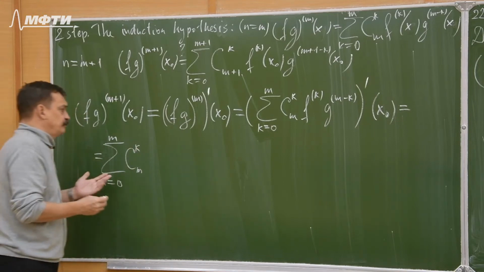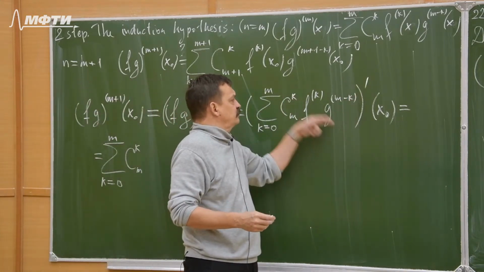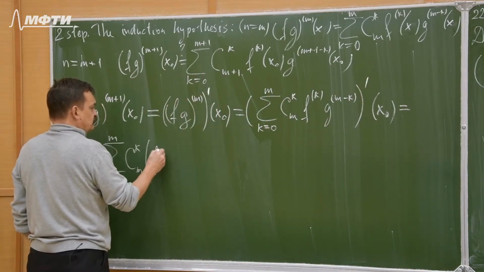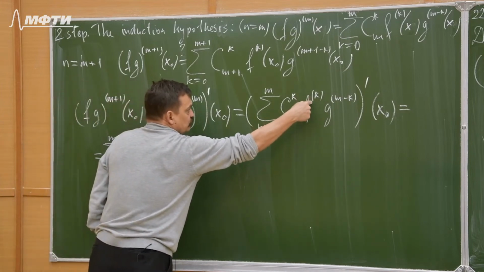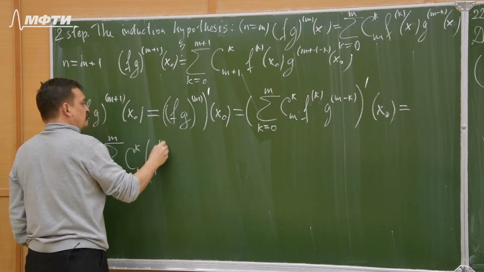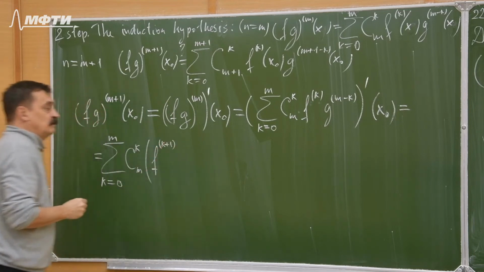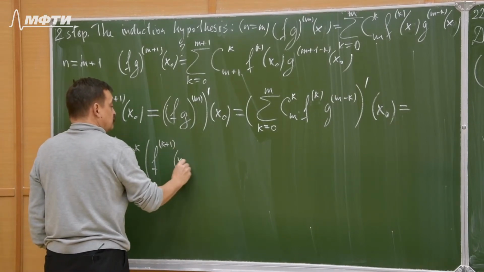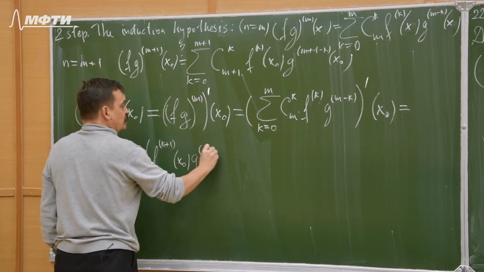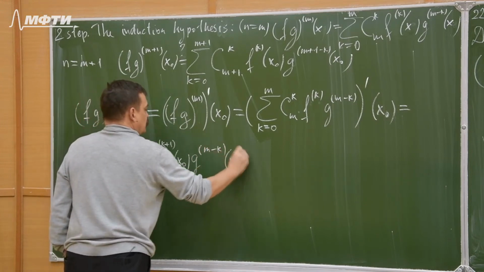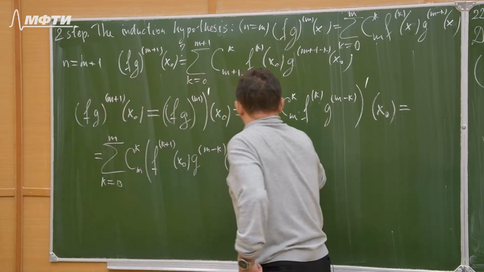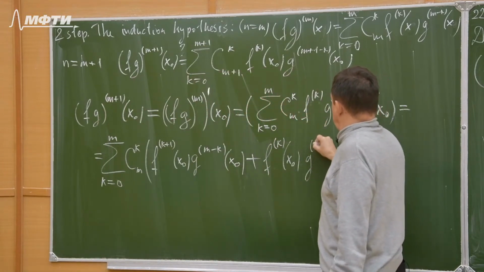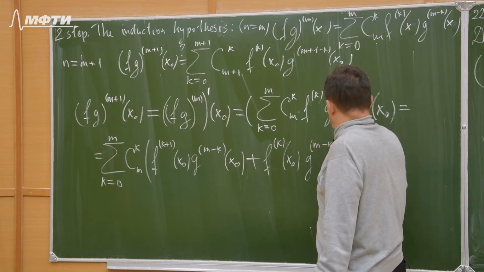And then we have the derivative of a product, and we know the rule to find the derivative of the product. So we need to find the derivative of the first term, and that is, by the definition, the (k+1)th derivative times the second term, plus the first term times the derivative of the second, the (m-k+1)th.